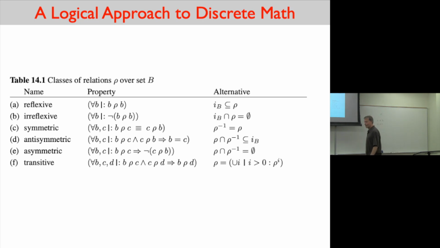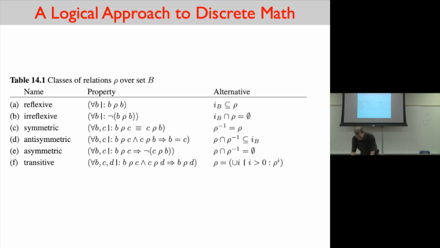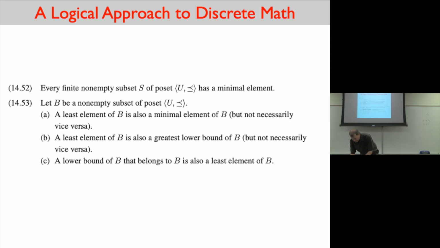Okay, so now let's go. Now that we've got that, let's take a look at what it is that we're trying to prove. The first exercise is to prove 14.53a. It says, let B be a non-empty subset of poset. Now, what does poset stand for?